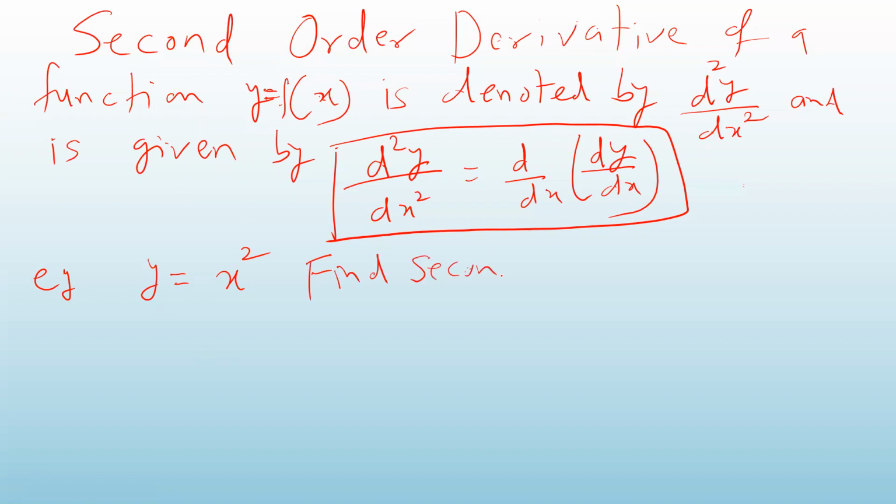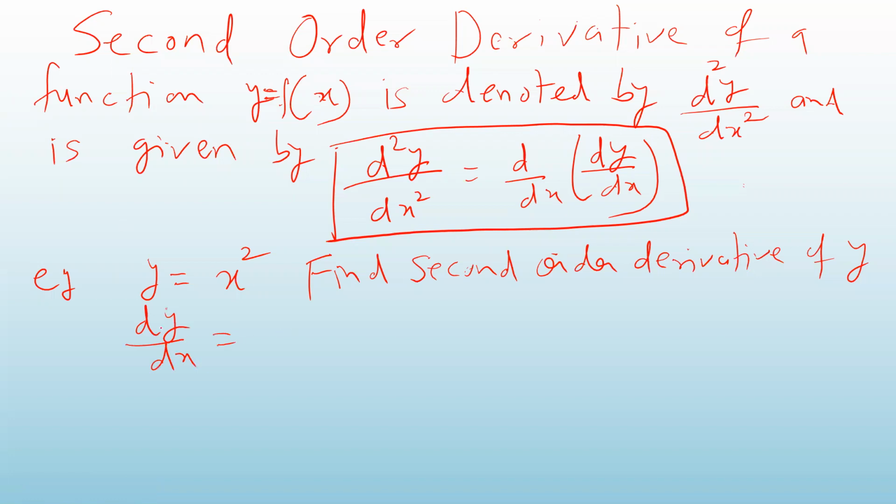How will I do that? According to my definition, what is the second order derivative? It is the derivative of the first order. So I need to first find out the first order derivative.